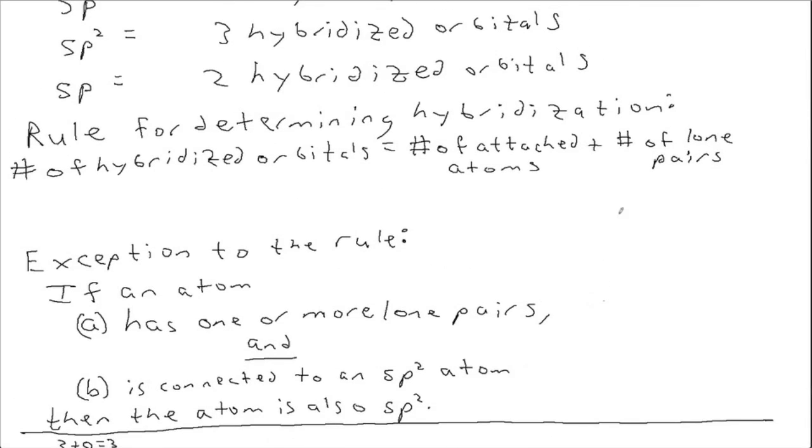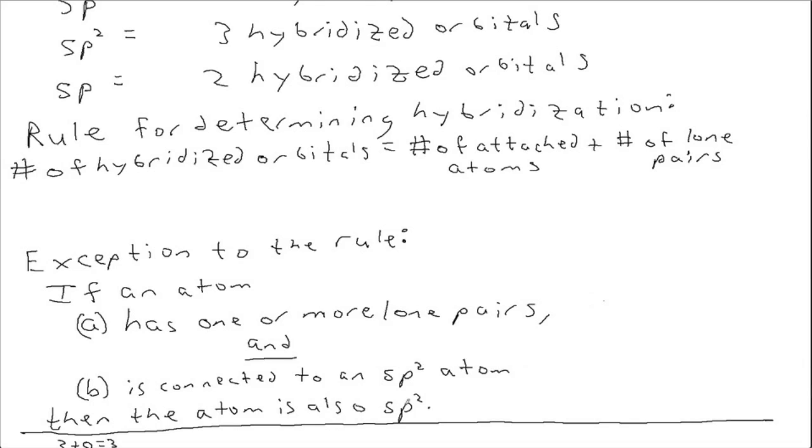So when you're doing a problem and you want to figure out the hybridization, what should you check first? Should you check the rule first or the exception first? The rule first. Actually, remember, it makes more sense to check the exception first. The exception takes precedence, right? There's no point counting up the attached atoms and lone pairs if the exception applies. If the exception applies, then the atom is automatically sp2.